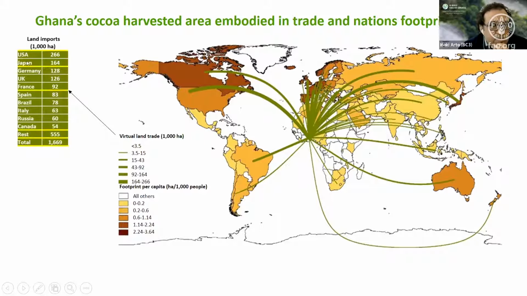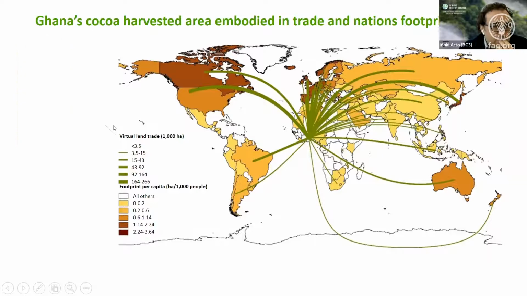Here you can see that in the case of the land embedded in the imports of cocoa from Ghana, the United States saw total imports of 266,000 hectares, and Japan 164,000 hectares. These are represented by these thick lines between countries.